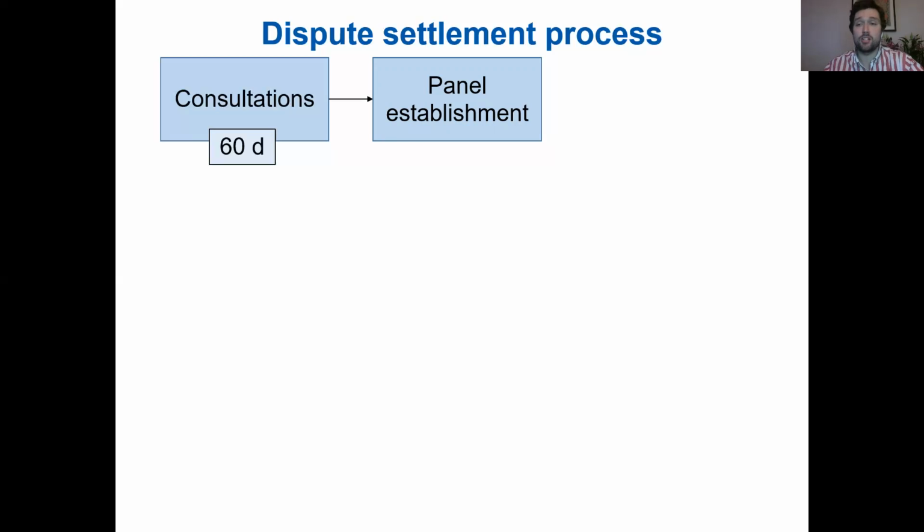It gives some additional flexibility of, say, a month, because each month there is about one meeting on average of the dispute settlement body. So about 30, 50 days, maybe 60 days, depending on the schedule of the dispute settlement body, would be necessary in order to have the panel established. But it will necessarily get established.